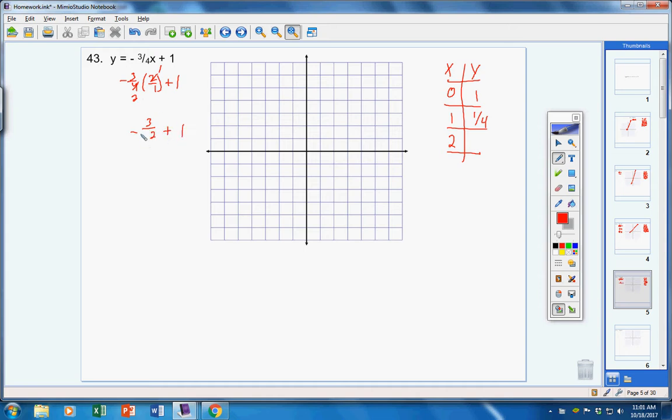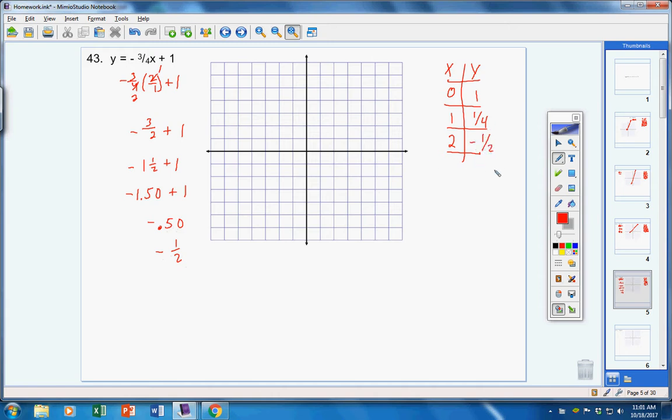Positive 1. 3 over 2 is the same thing as negative 1.5. And of course, if you look at it like dollars, negative 1.5 is the same thing as negative $1.50. So you have $1, you owe $1.50, pay off as much as you can, and you still owe 50 cents, or in other words, a half.